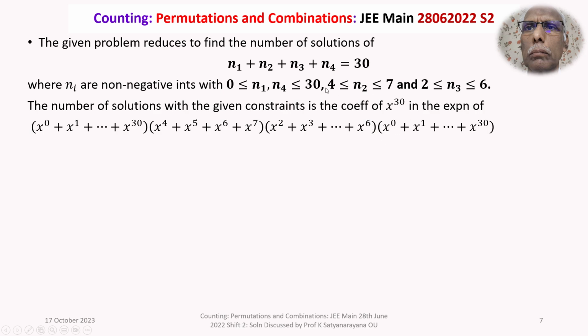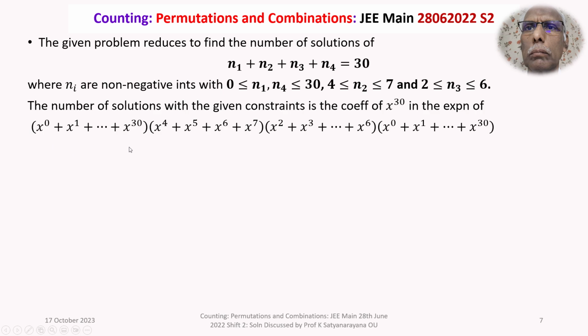For n4, as for n1, it is x power 0 plus x power 1 and so on up to x power 30. So the number of solutions with the given constraints is the coefficient of x to the power of 30 in the expansion of this product.